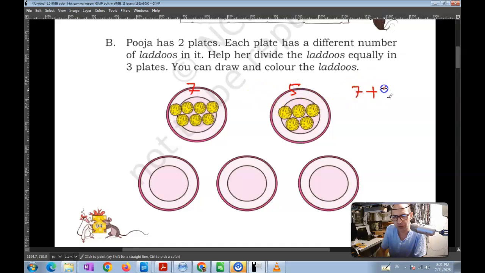And you know that 7 plus 5 is equal to 12, so we have 12 sweets in total. And these are called laddus. Laddu is this kind of sweet in India. Now these laddus, we want to equally divide them in 3 plates. So we have 1, 2, and 3 plates over here. All of these sweets together have to be distributed here equally, right?